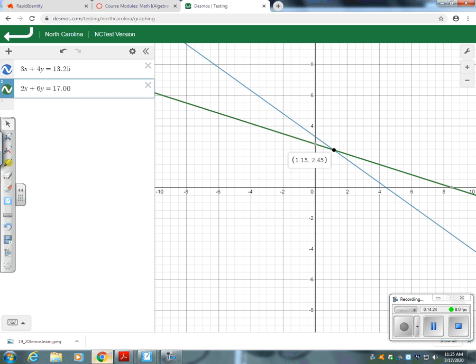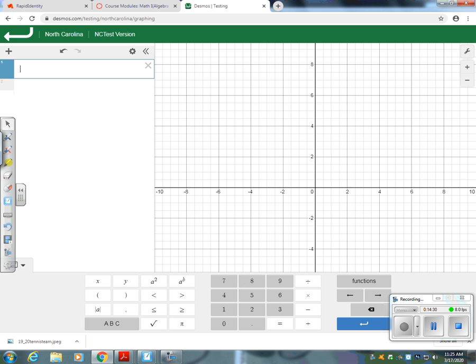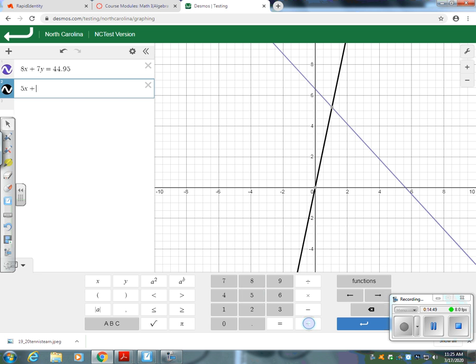So you go to your Desmos, clear out what you have, and type in 8x plus 7y is equal to $44.95, and 5x plus 3y equals $22.80. And there again, make sure you see the intersection of the two lines.